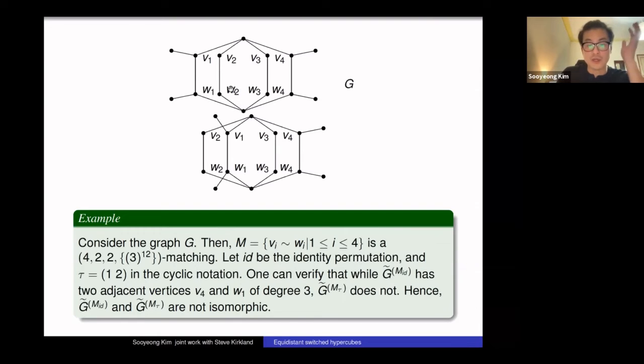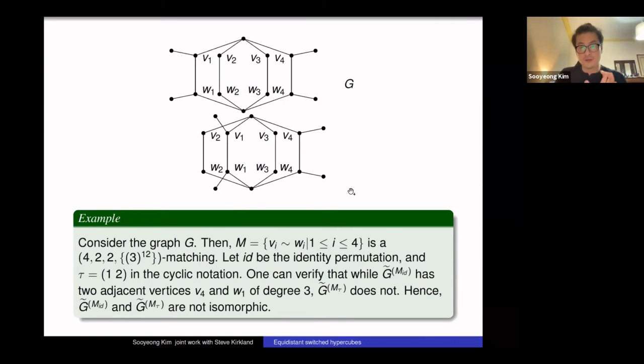Then we apply the switching here. Delete those 4 edges, and then we add edges V1 W2, V2 W3, V3 W4, and V4 W1. And here, we delete those 4 edges, and add V2 W1, V1 W3, V3 W4, and V4 W2.